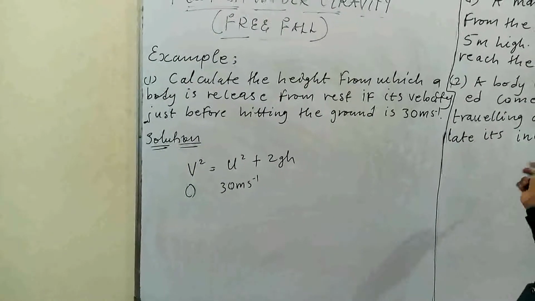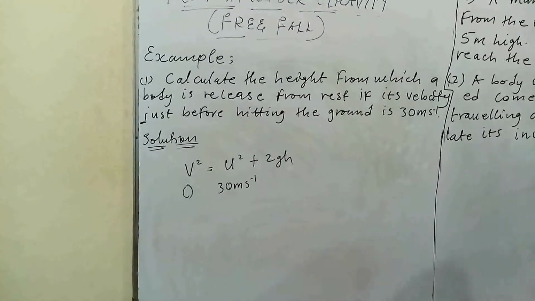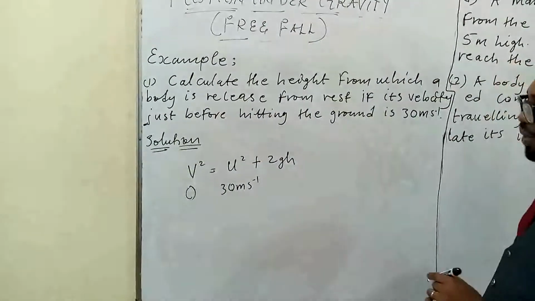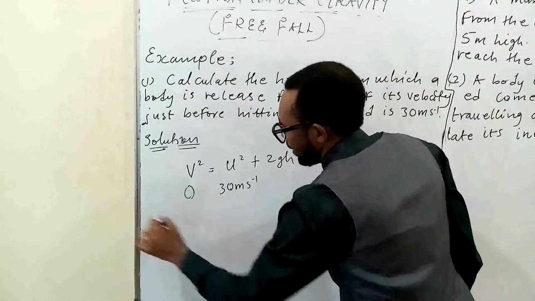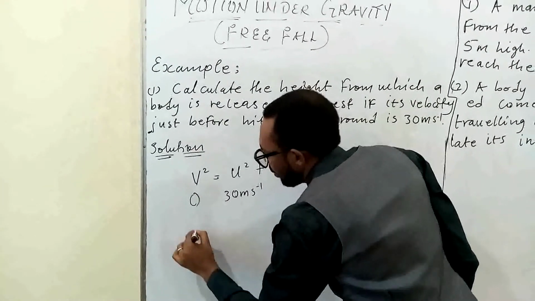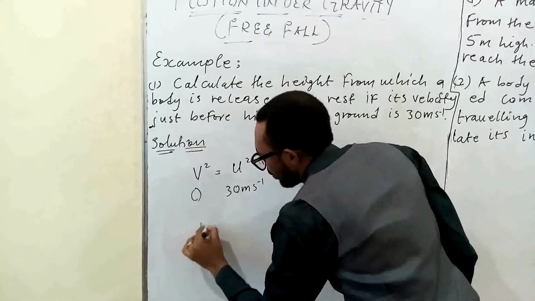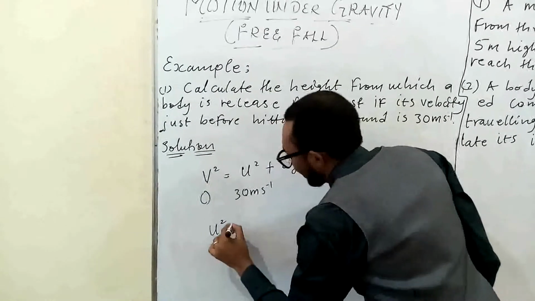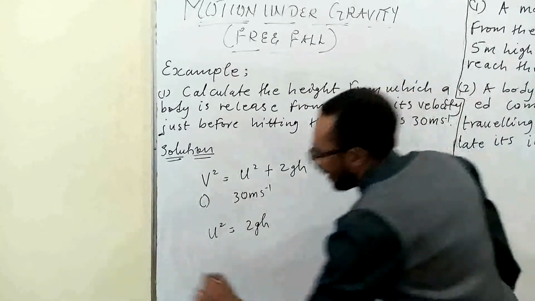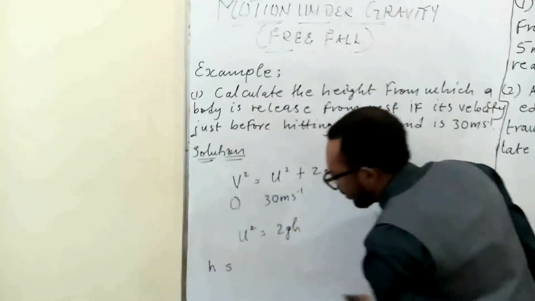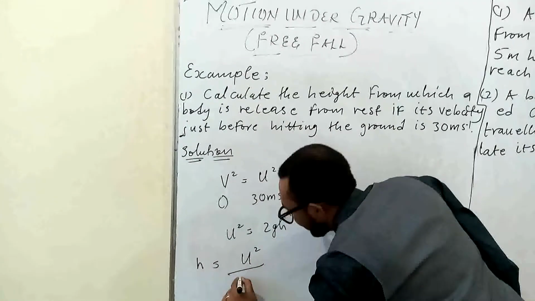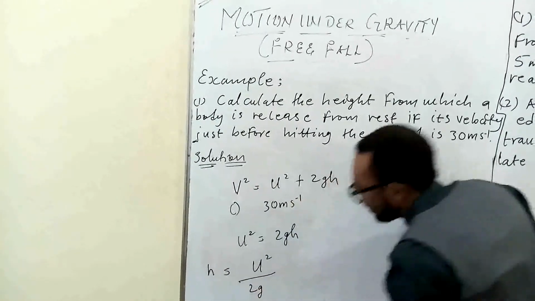So if we are to make h the subject of the formula, which we have done previously, we can simply apply that directly, such that if this is 0, it means that u squared is equal to 2gh, and then h is equal to u squared over 2g.